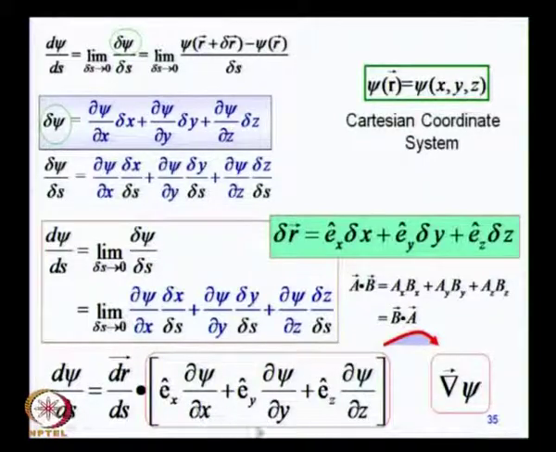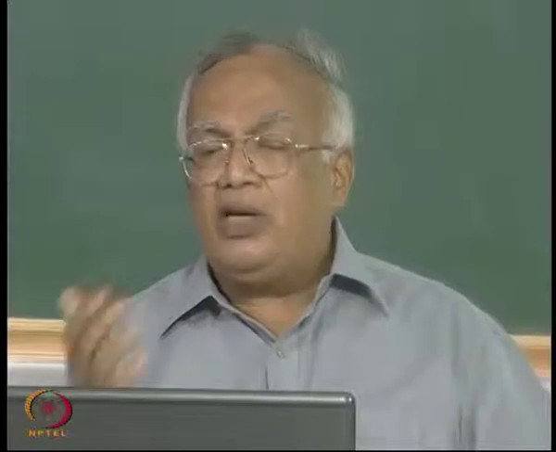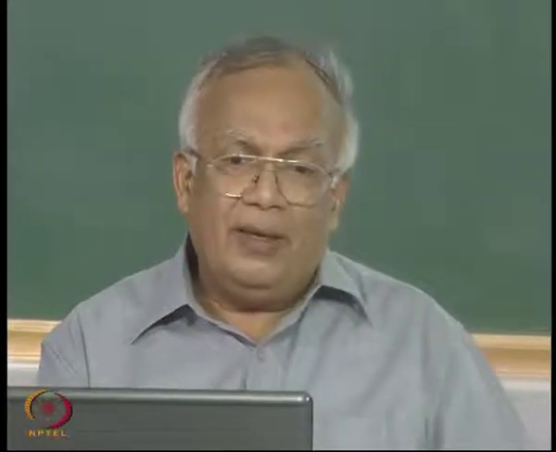What you have is a Cartesian expression for the gradient of psi, but this is also generating for us a definition of the gradient of psi which we can use independent of any coordinate system, and we can use that definition in other coordinate systems as well. So, let us first see how it works in the Cartesian coordinate system.